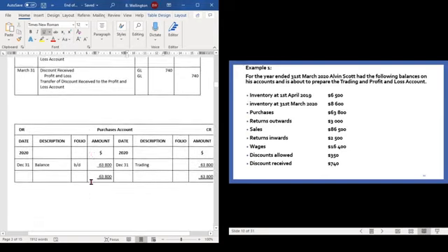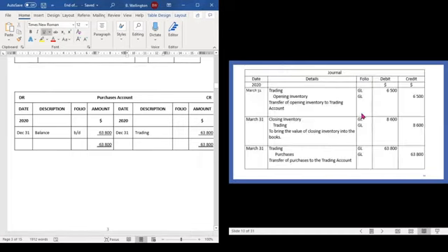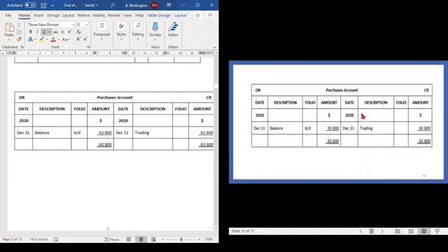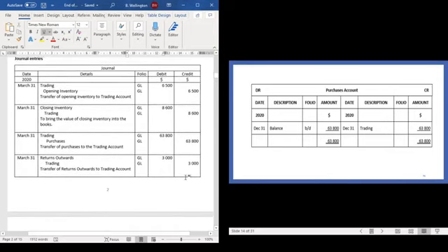Okay, so now let us look at the effect that these transfers would have on the different accounts. Let's look at the purchases account. Remember what the journal entry said we should do?